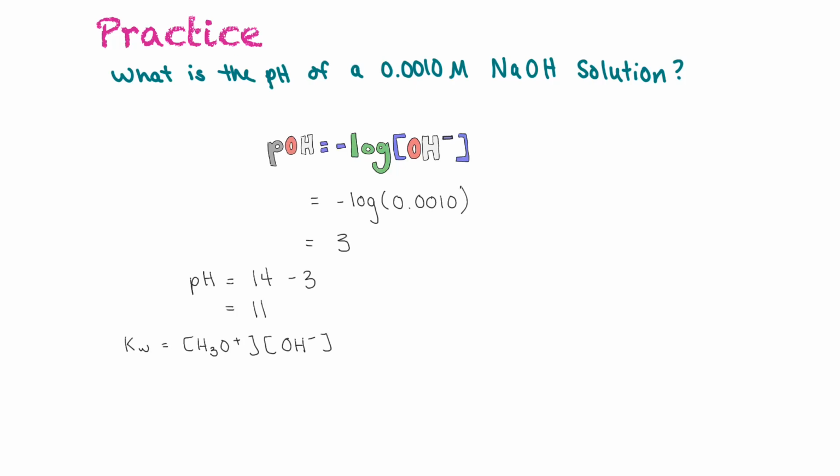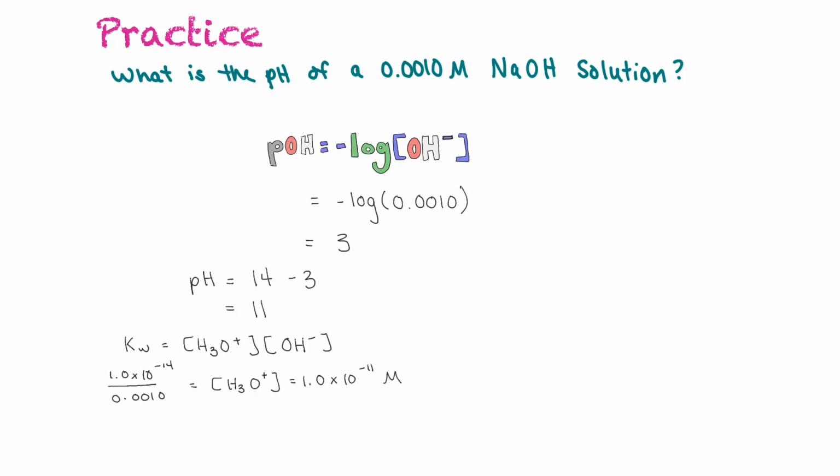So if you put in the 1.0 times 10 to the power of negative 14 divided by the concentration of hydroxide, which is 0.0010, that's going to give you the concentration of hydronium ion, which is equal to 1.0 times 10 to the power of negative 11 moles per liter.